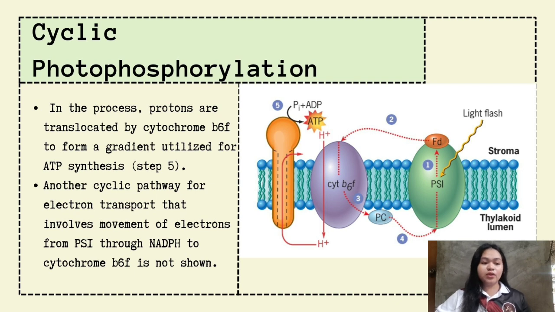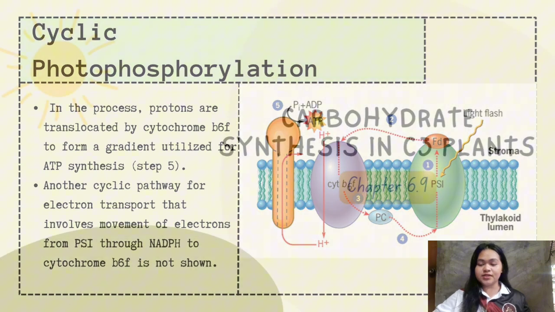Another cyclic pathway for electron transport that involves movement of electrons from photosystem 1 through NADPH to cytochrome b6f is not shown. So, ang pinaka-process niya is from absorption of light, magta-transfer siya to cytochrome and then to plastocyanin, then back to P700. Sa process na to, nata-translocate yung protons sa cytochrome to be utilized for ATP synthesis.